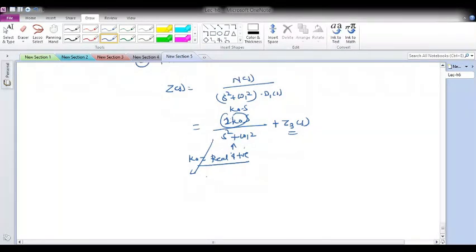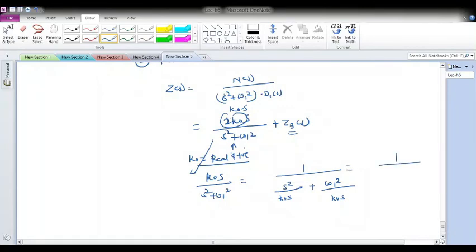So this is k0 s over s square plus omega 1 square, where 2k0 is simply k0. So how can we realize it? You do it this way: s square plus omega 1 square over k0 s. So what is the resultant here? s upon k0 plus omega 1 square upon k0 into 1 over s.